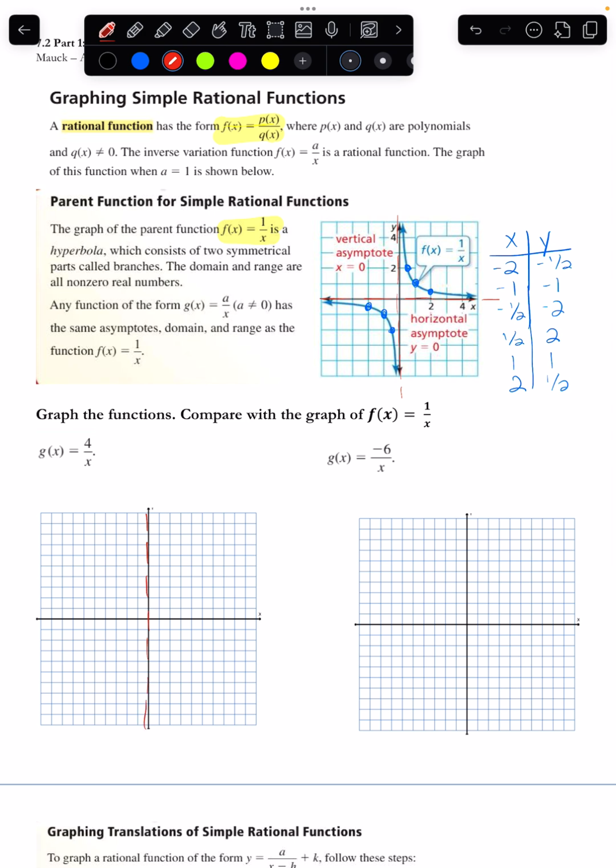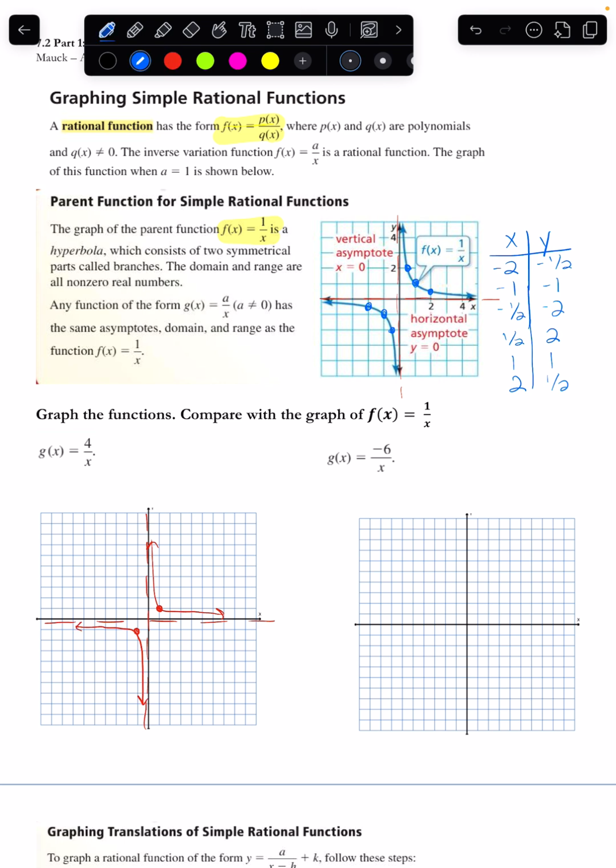So I'm going to draw in my asymptotes first. That's always the first thing I want to do. And I will go ahead and put in the 1, 1, and -1, -1 points. Your curves, you can just draw in. There are these L shapes. That's the parent function.